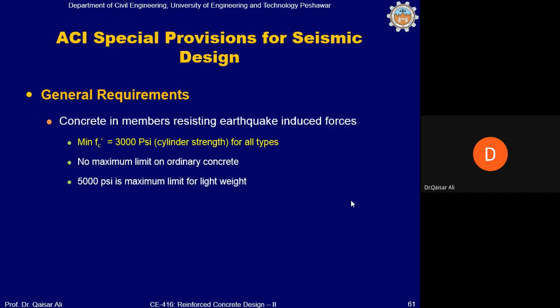However, when we say in the beginning that we will be designing and constructing SMRF, then the code has some special provisions for SMRF. As you will see in the coming slides, these requirements or provisions of the code are very, very strict.